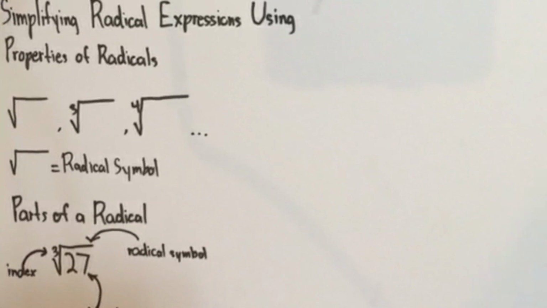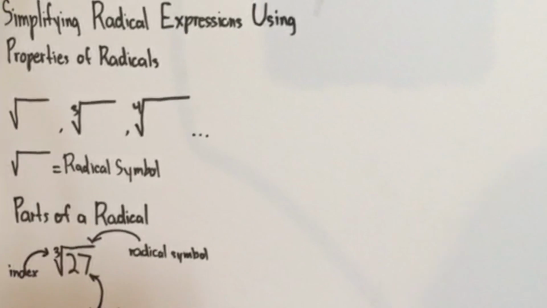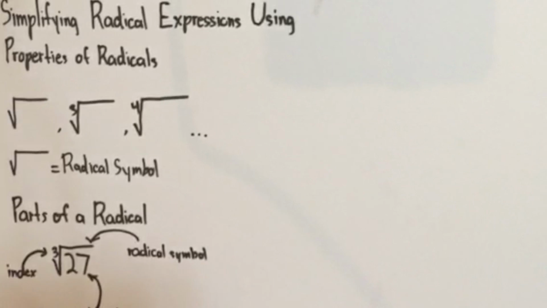Usually, there are also exponents inside the radicand, which are often simplified together. This radical expression is a cube root of 27. To start simplifying radical expressions, you must remember the properties of exponents.